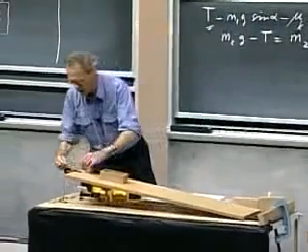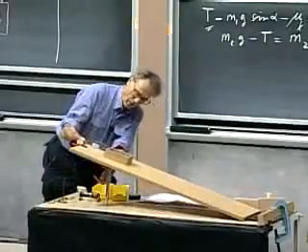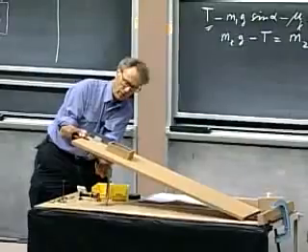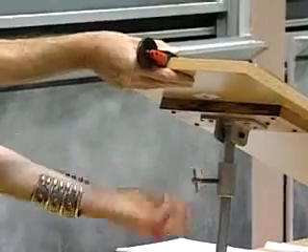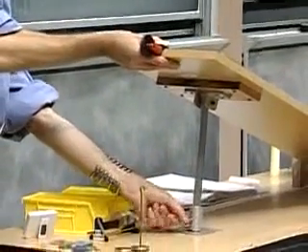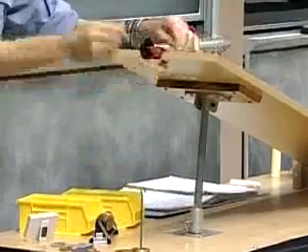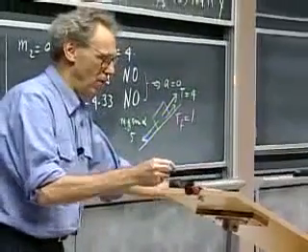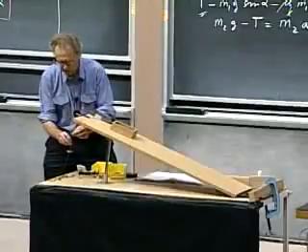So I'm going to put this rope over here, and I'm going to set the angle now at a given value. So this is now not negotiable. I set it at 20. I could be off by half a degree. Again, you see it wants to go. We just saw that at 20 degrees it wants to go. So I prevent it from going, and I'm going to put a little weight on here.